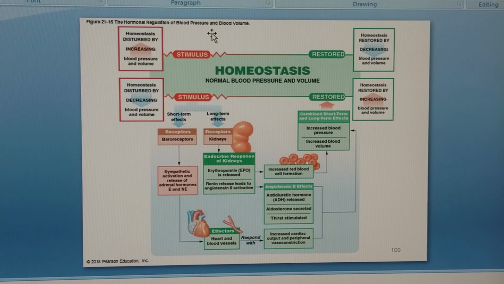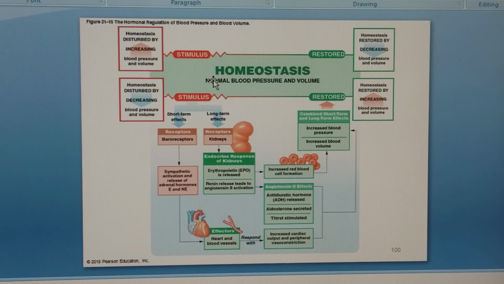Okay, the hormonal regulation of blood pressure and blood volume. We can either increase or decrease blood pressure and volume, depending on the stimulus.